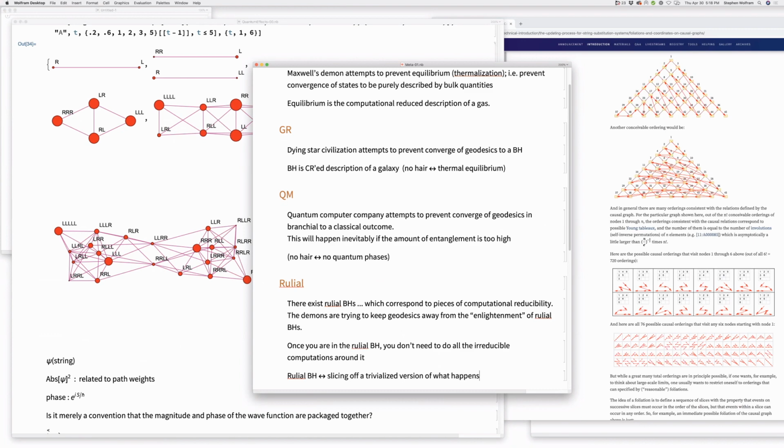And if that's all I care about, that corresponds to a Rullial black hole, because I can just jump ahead and get the answer to that more easily. I don't have to go and look at all the fine detail. I mean, take Rule 30, for example. If I say all I care about is the width of the Rule 30 pattern, I don't need to compute every detail of it. I can just get to that answer immediately. Mm-hmm.